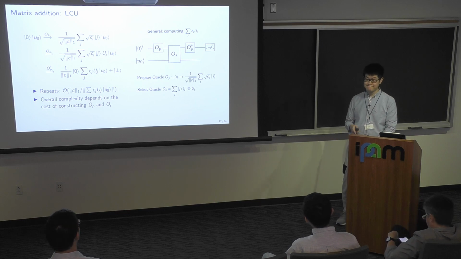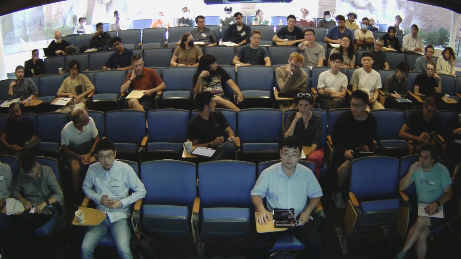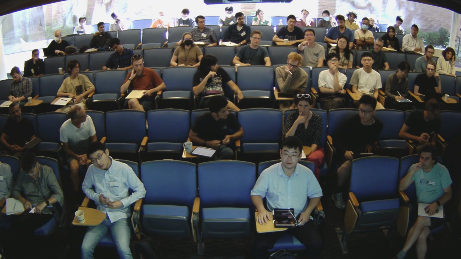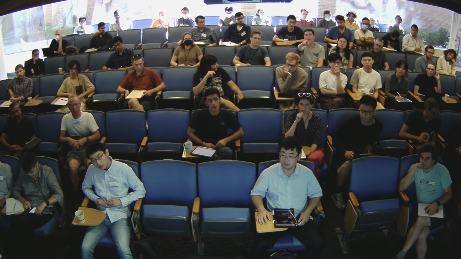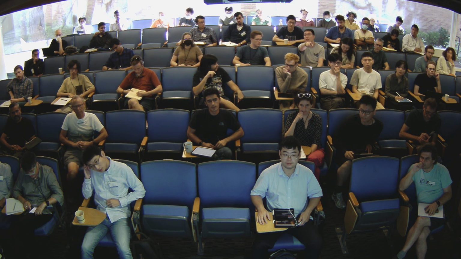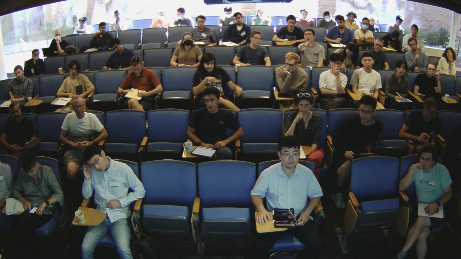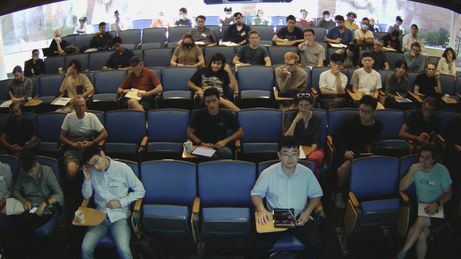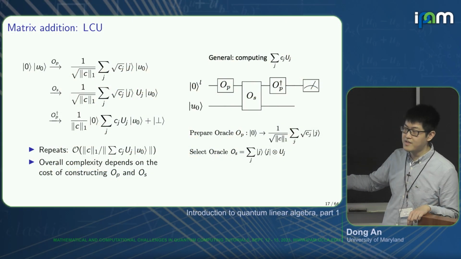So in your equation, when you write this orthogonal notation, do you mean that it's only orthogonal in the ancillary qubits? You mean this equation? Yes. I mean that there's some superposition in the ancillary qubit. That's right.